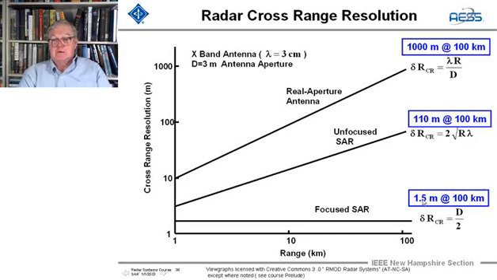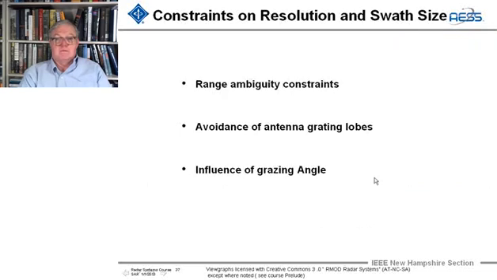But for D equal to 3 meters, the size of our antenna aperture, we get a 1.5 meter resolution at 100 kilometers. And that's where focused SARs really get their juice from.